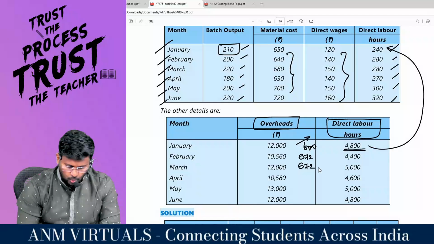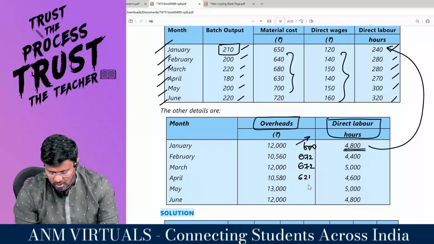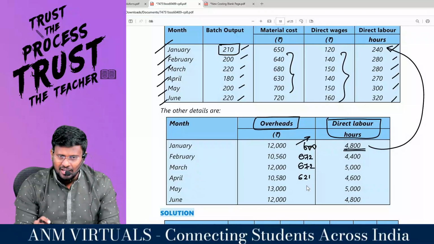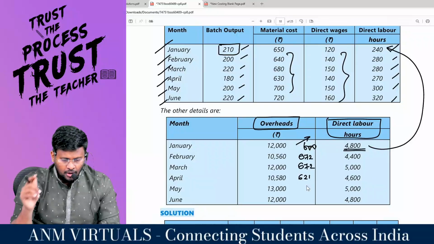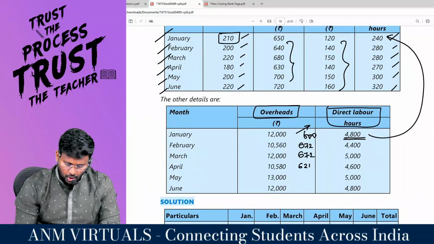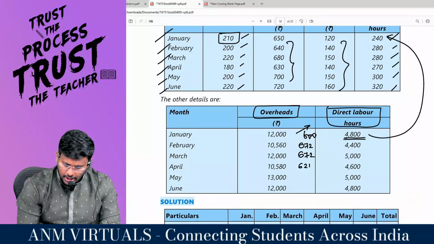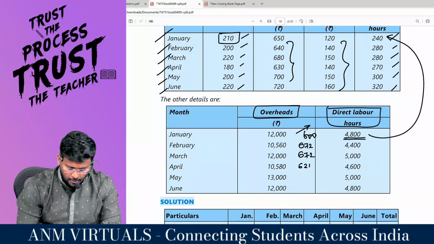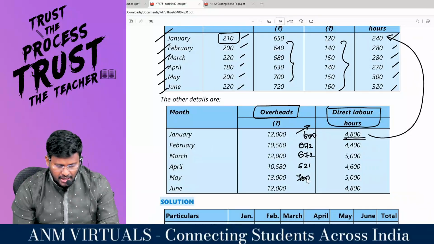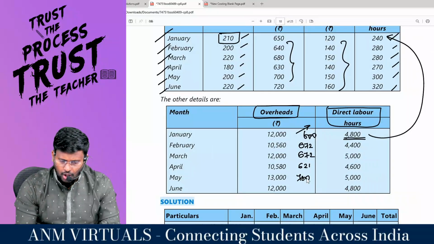10,580 into 270 divided by 4,600 comes to 621. So 621 is the share of overhead for the month of April for this particular product. 13,000 into 300 divided by 5,000 comes to 780, the share of overhead for the month of May.